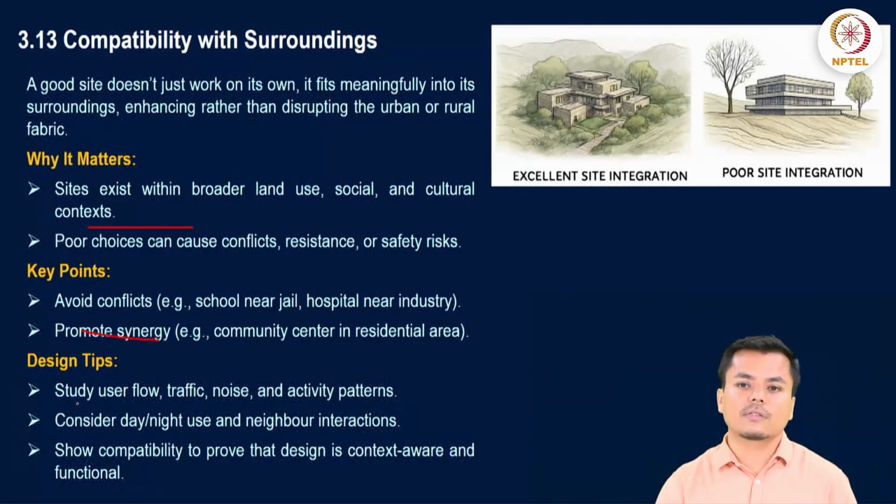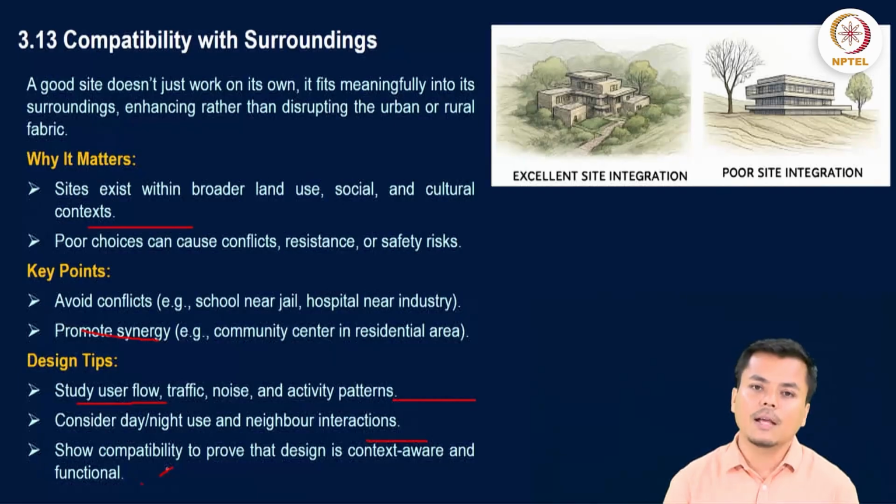Design tips include studying user flow, traffic, noise and activity patterns near your site. Consider day and night use and neighbor interactions near the site. Show compatibility to prove that the design is context aware and functional. The site that you select and the project that you have selected should complement each other.